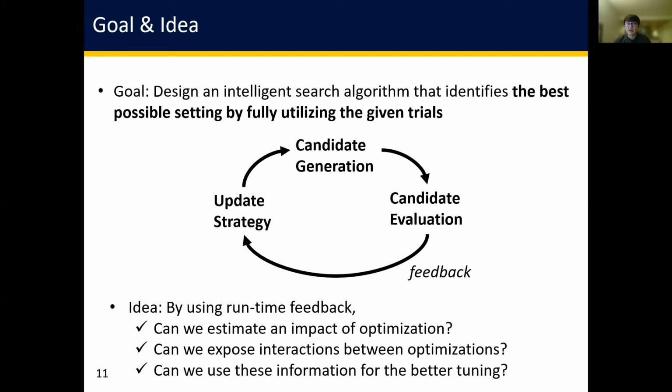Here, we notice that a number of samples are available due to the repeated candidate evaluation during the tuning process. Therefore, we examine if high-impact optimizations and their important interactions can be identified during the tuning process and used to guide the search process towards a more promising subspace.